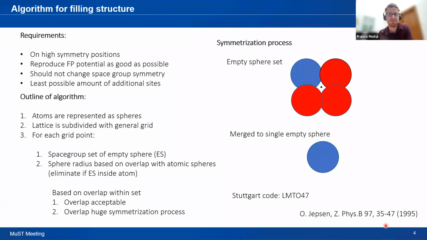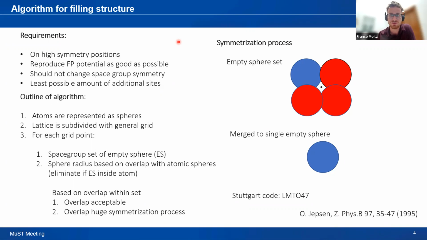However, placing such empty sites is not really a trivial task, and there are quite a few requirements that we need to satisfy. Firstly, this additional site should really improve the description of the potential. This can be achieved by placing them on high symmetry positions.